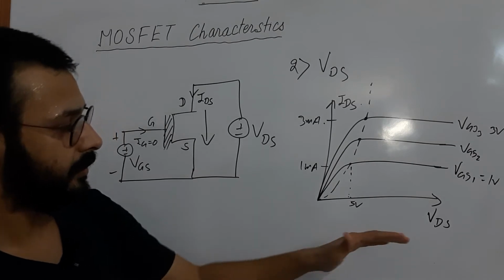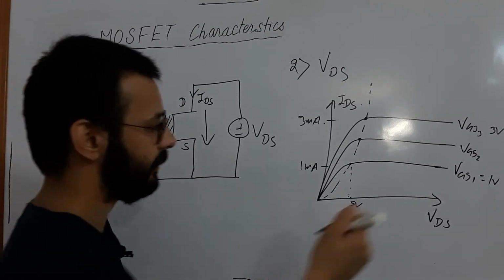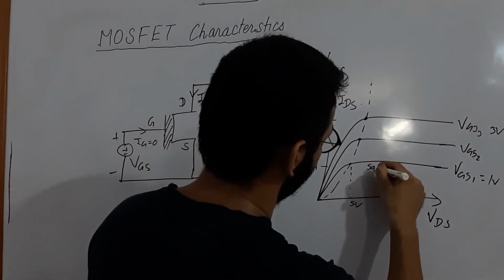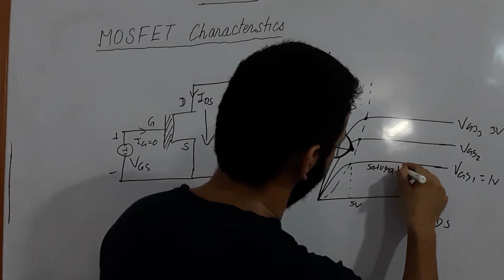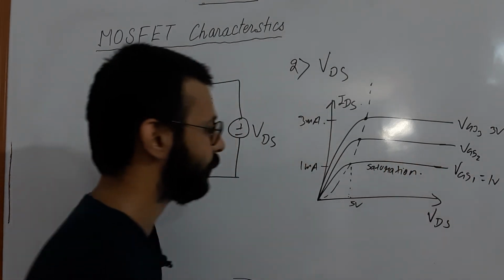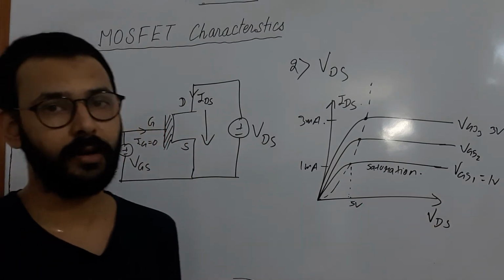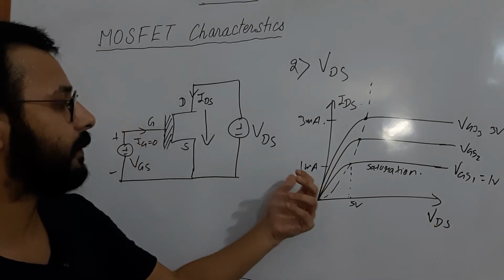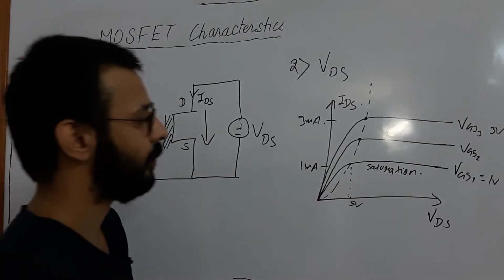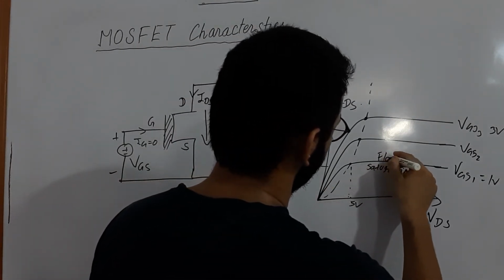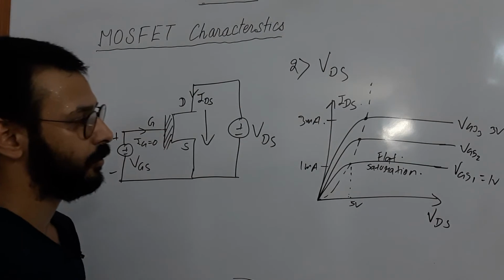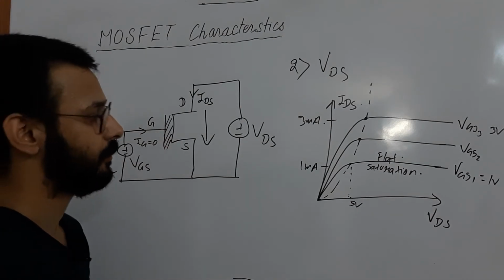So this is the characteristic, and in this case I call it saturation. Now this is the saturation value of the current. It will not change anymore. Even if I give 100 volt, the current will be 1 milliampere, because this is almost the flat region. This is flat, so no more change in the current value.